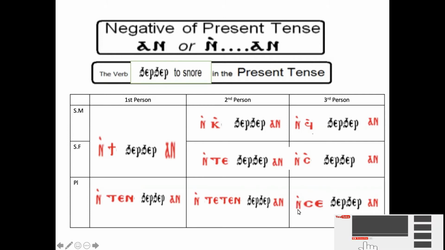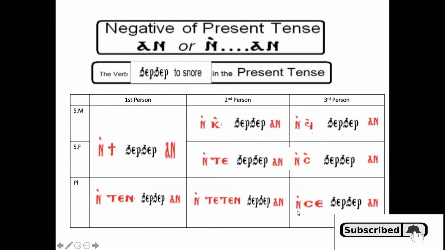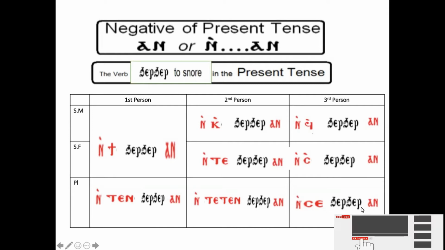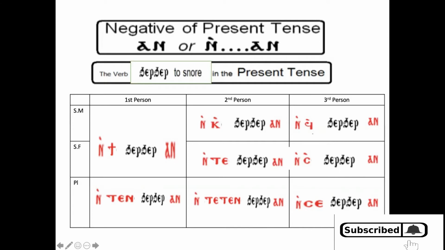If you want to say they do not snore, you say in, se, khair, on.